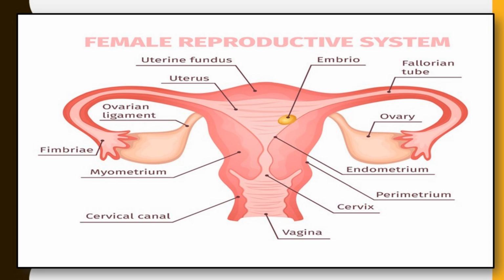These parts of the system, along with a pair of mammary glands, are integrated structurally and functionally to support the process of ovulation, fertilization, pregnancy, birth, and child care.